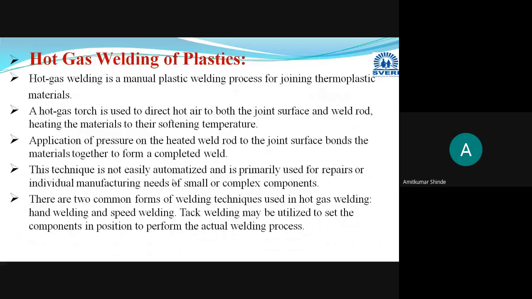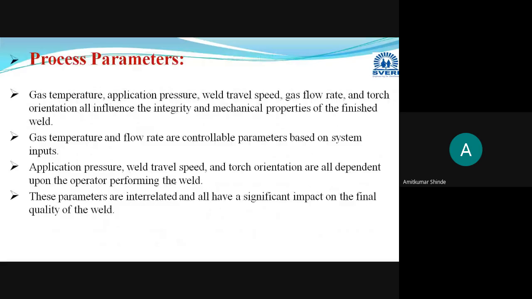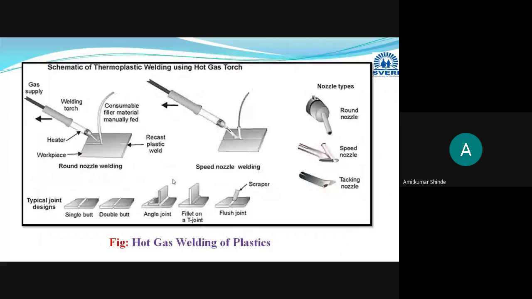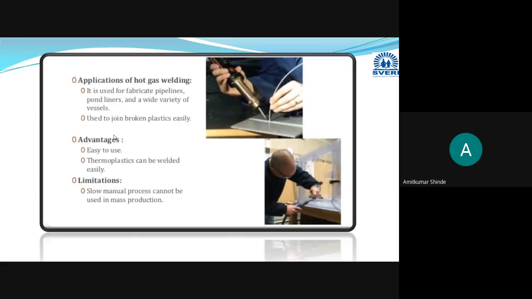After that, we discussed hot gas welding and its basic working principle. We understood with the help of the diagram which kinds of joints can be created, how the workpiece is prepared, how the actual process is performed by the operator to create the weld, then its advantages, disadvantages, and applications.